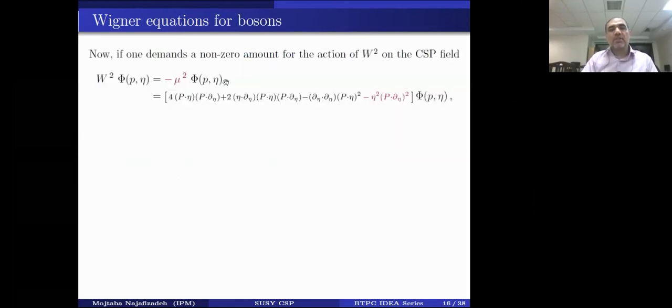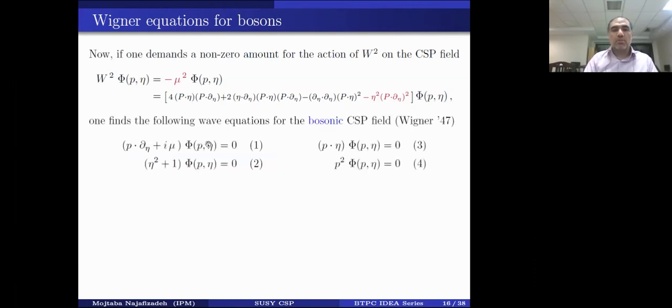Now, if one demands a non-zero amount for the action of W square on the CSP field, as I said, the eigenvalue of W square should be minus mu square. And if you use this operator here, you find that this will be valid by choosing these wave equations. These are known as Wigner equations for bosons, which he found in 1947.